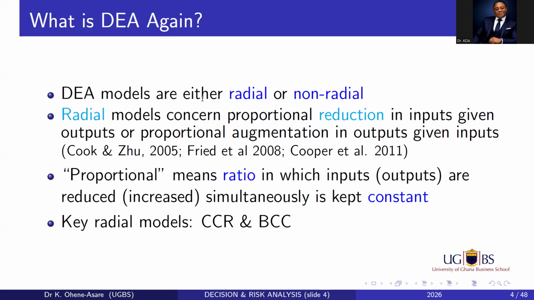The radial models are concerned with proportional reduction in the input or proportional augmentation of the output. The word proportional means that you maintain the ratios of the inputs and the outputs at the same time. And the commonest radial models are the CCR and the BCC model.